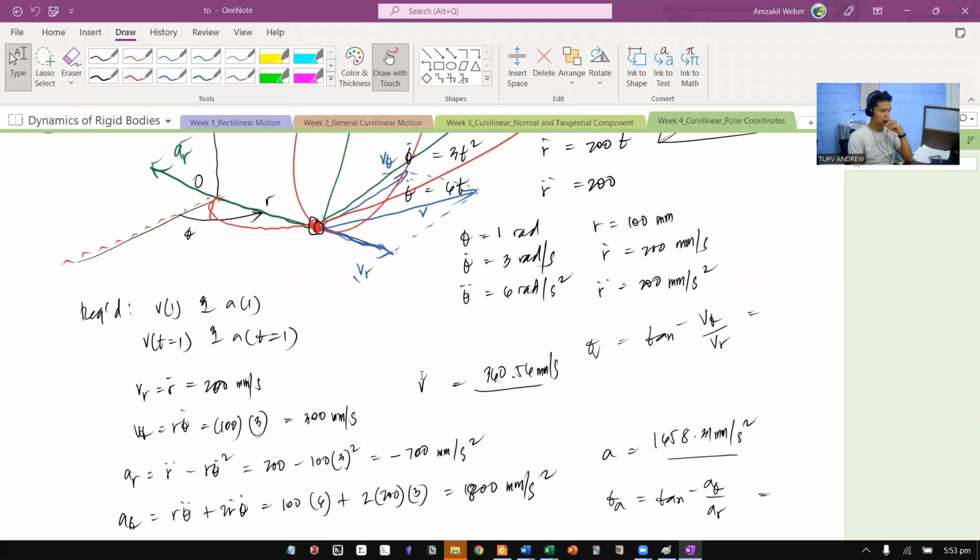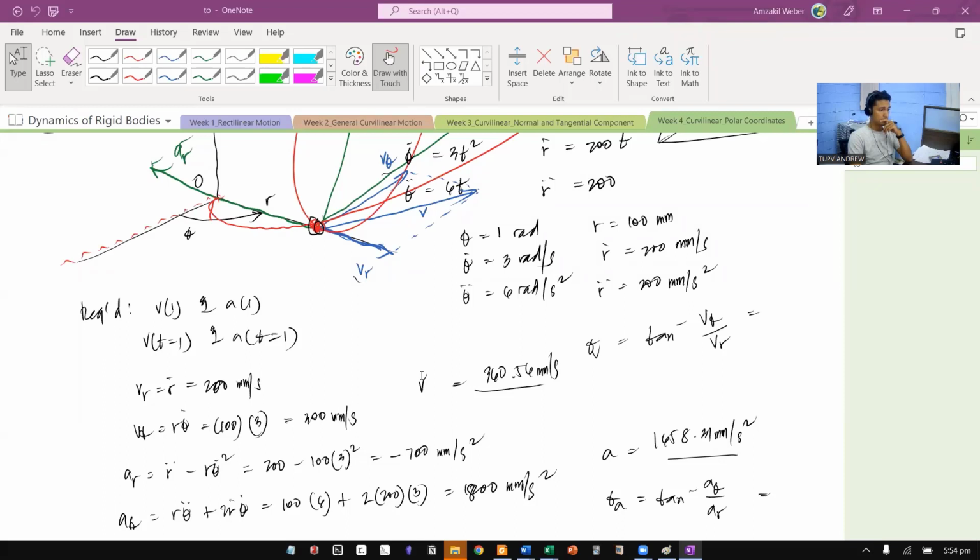Okay. About the angle. The theta is 300 over 200, less than 45 positive.